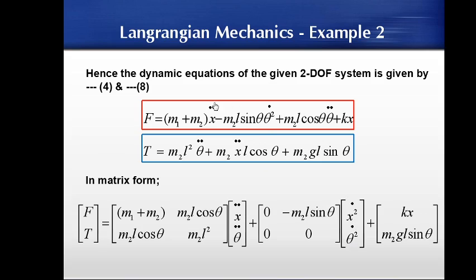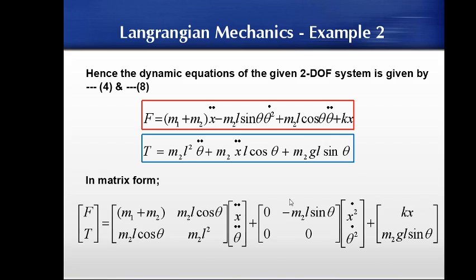On examining the first expression, I don't have any term for x dot square, so that is equal to 0, but I have a term for theta dot square, which is minus m2 L sin theta. Comparing the second expression, it doesn't have any terms for x dot square or theta dot square, so I am putting zeros. Then I have two remaining constants in the first and second expressions: for the first it is kx, and for the second I have m2 gL sin theta.